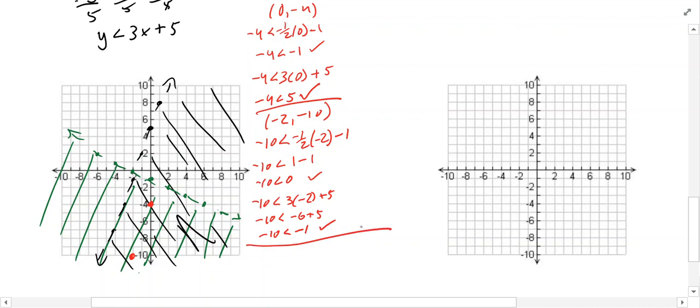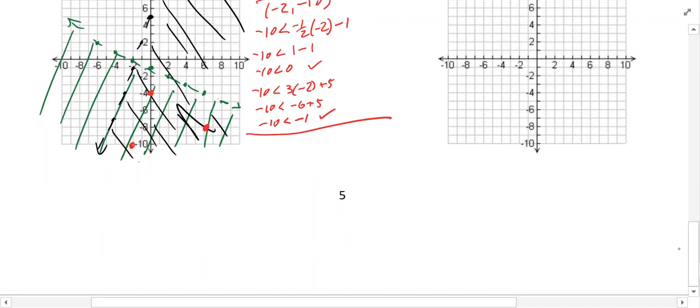All right, and for my last one, let's try 6 and negative 8. That would be down here. I'm going to plug it in the first equation. Negative 8 is less than negative 1/2 times 6 minus 1.